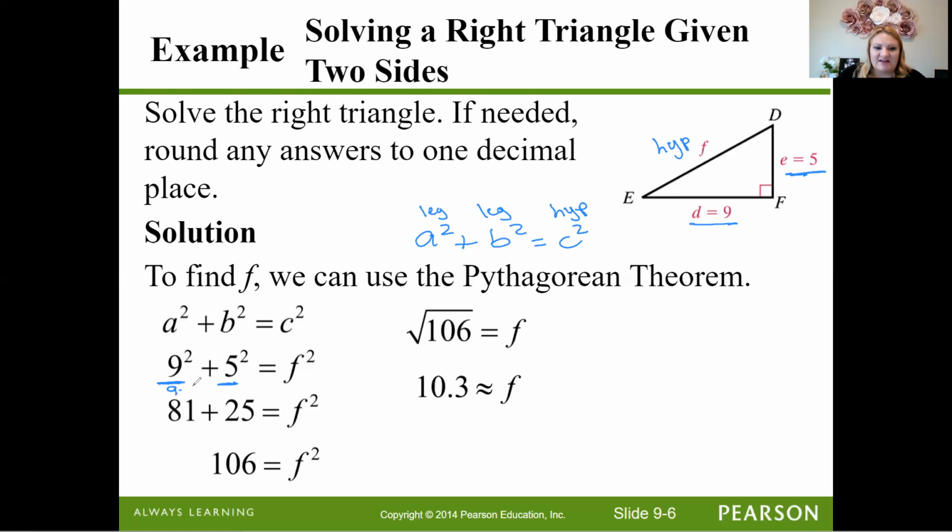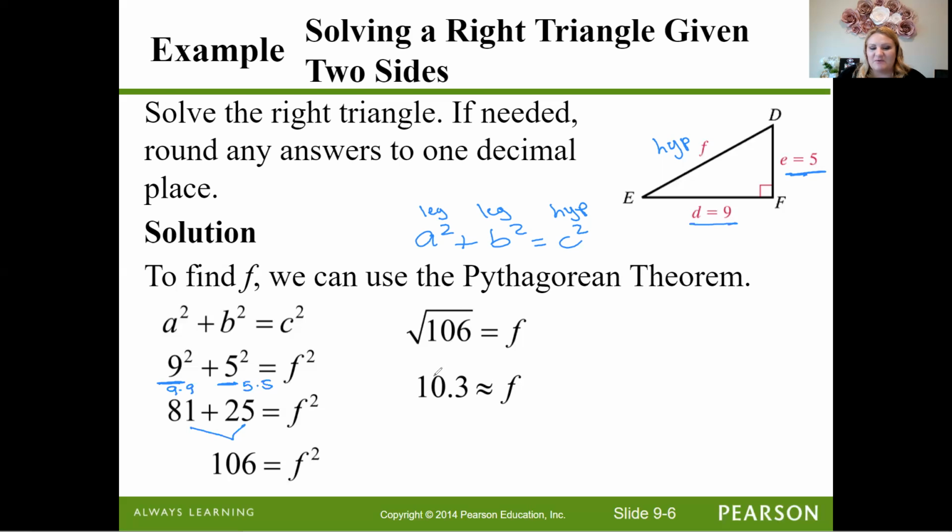So it's like 9 times 9 equals 81, 5 times 5 equals 25, and when you add them, 106 equals f squared. So when you take the square root of this, you get a decimal of 10.3.